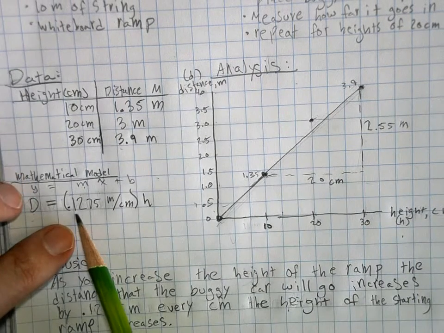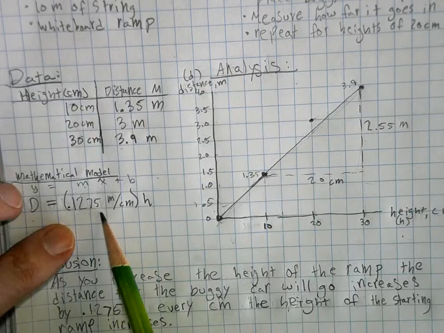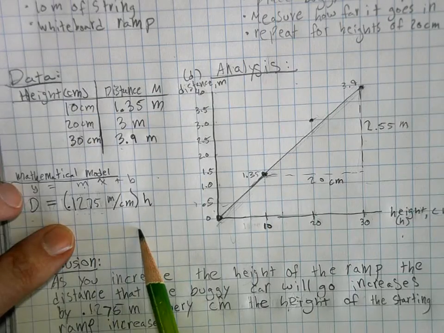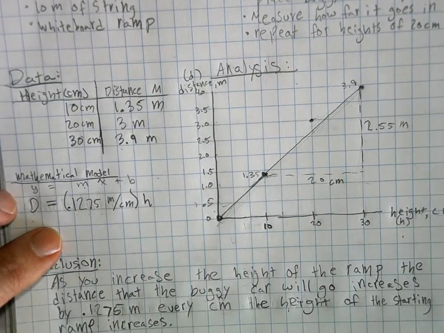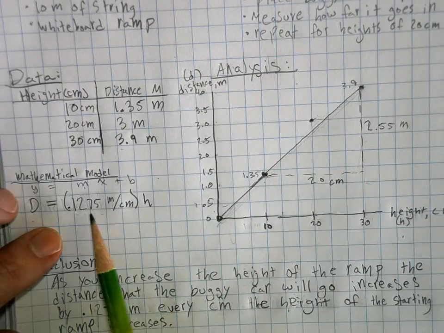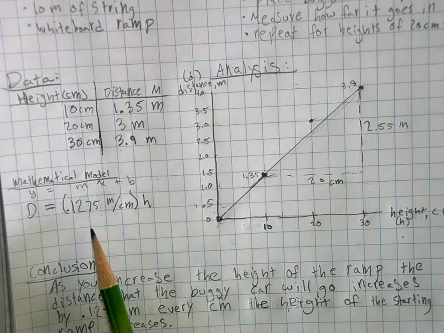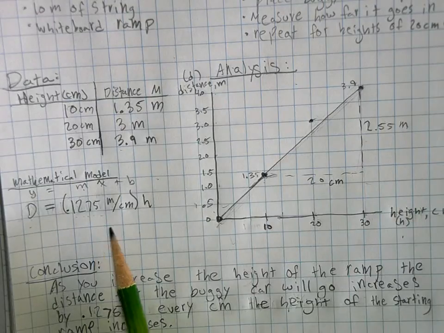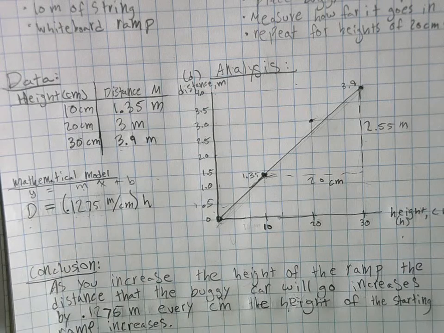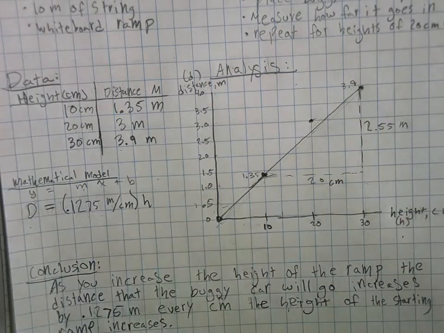Got a slope of 0.1275 meters per centimeter. That means for every centimeter you lift it up, it will go 0.1275, or actually about 12 centimeters of distance. So this gives you a relationship of how the height will affect how far the car goes.